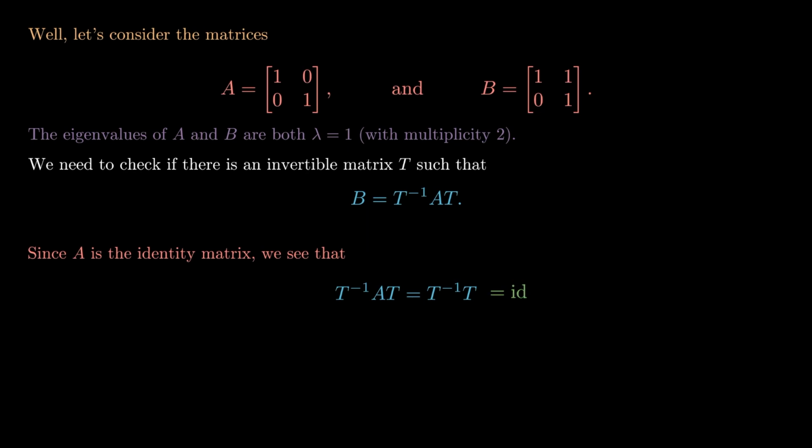So we see that T inverse AT is exactly the identity matrix. So in other words, if a matrix is similar to the identity, it has to be the identity matrix itself. But notice that B is not the identity matrix, right? B has this 1 in the top right-hand corner. So A and B can't be similar, even though they have the same eigenvalues.